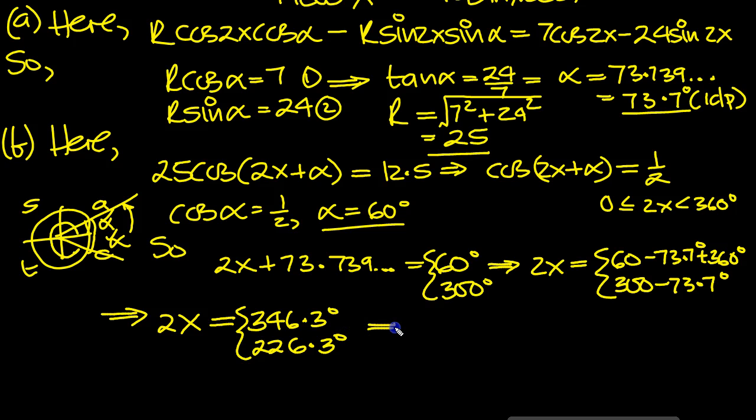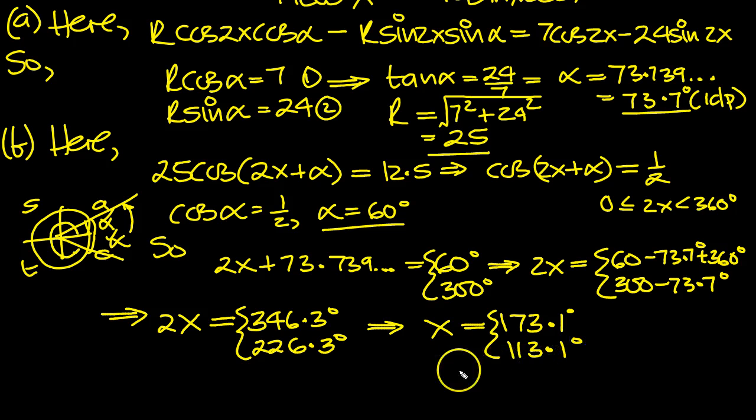Tap them in the calculator if you need to. x is equal to, divide by 2, 173 point. Now this 3 came about from this 0.3, so it's 0.7, but it was just above 0.7, so this will be just below 0.3. So when you halve it, you'll get 0.1 rather than 0.2. And here this will be 113.1 again, degrees. So there's our solutions for x in the required range.